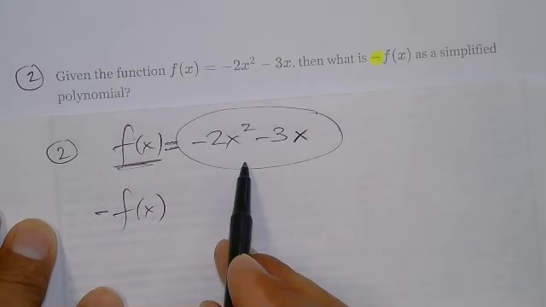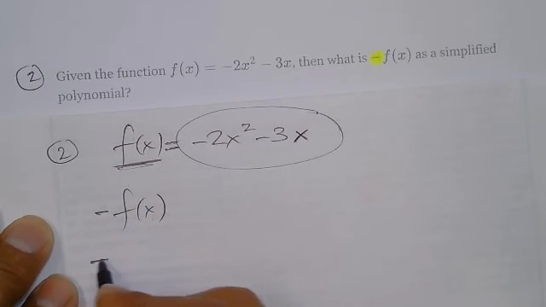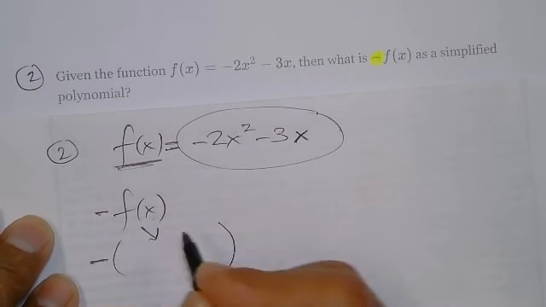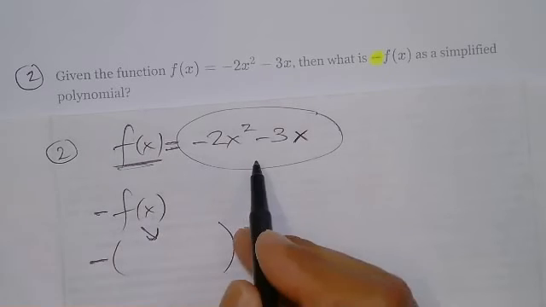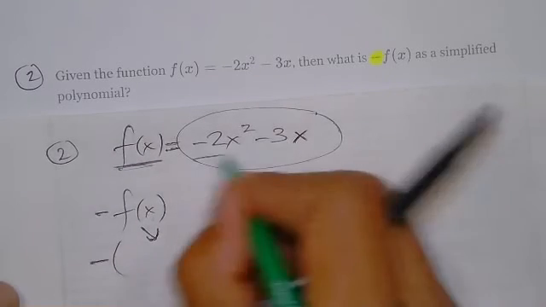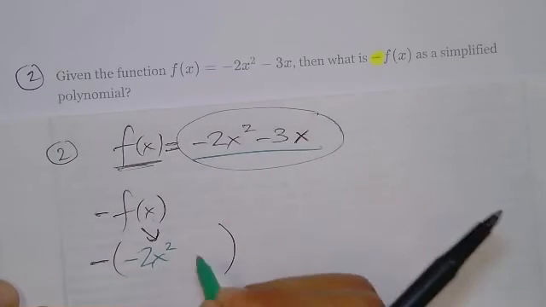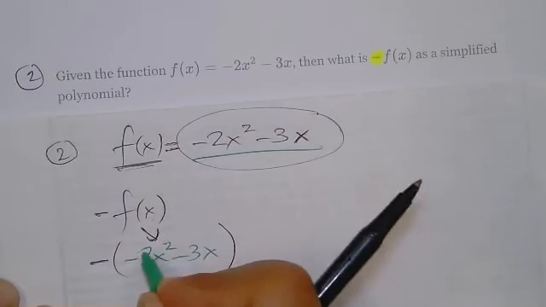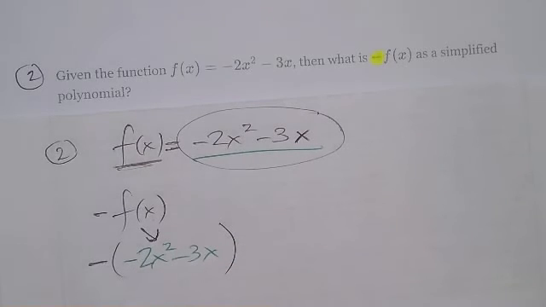See, we're not having an input. That f of x is this. But now negative f of x is negative what? What do I put here in place of f of x? Negative 2x squared minus 3x.